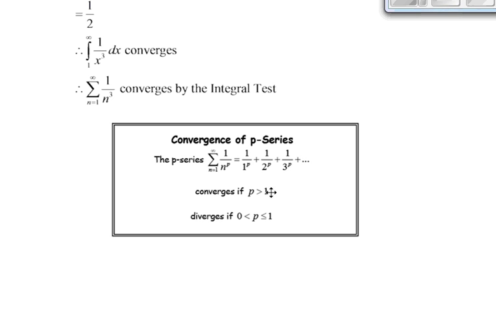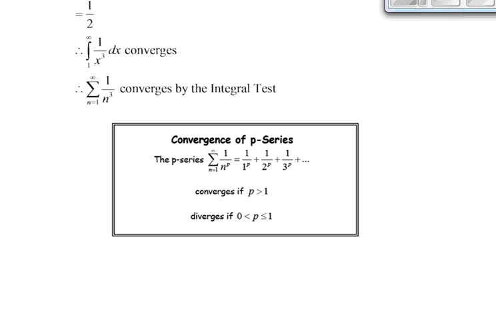If p is greater than 1, then it converges, and it diverges if p is between 0 and 1, which is the opposite of the geometric series. Remember the geometric series, if r was greater than 1, it diverged, and if r was less than 1, then it converged. This is something that a lot of people get confused, so just make sure you have the p-series and the geometric series clear in your head.